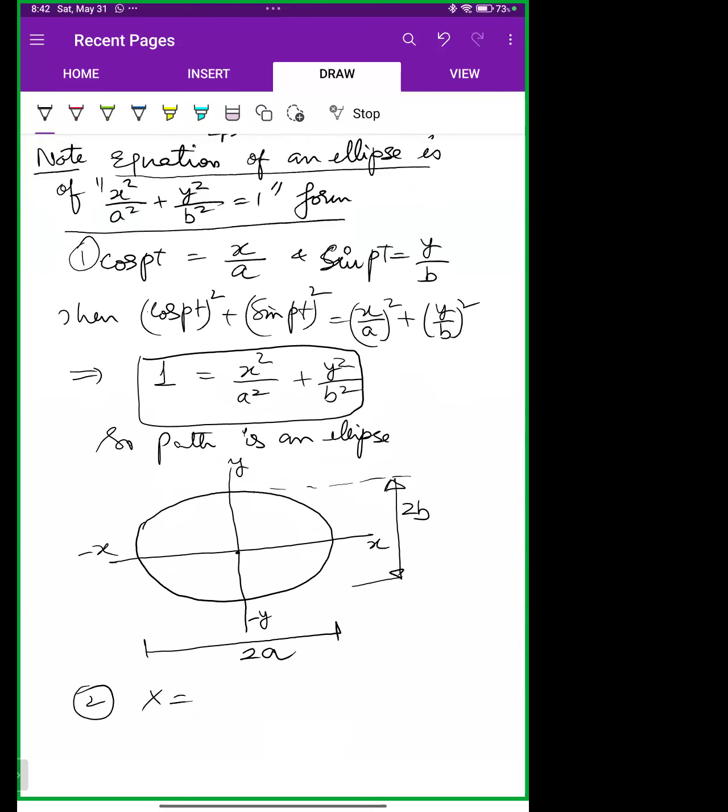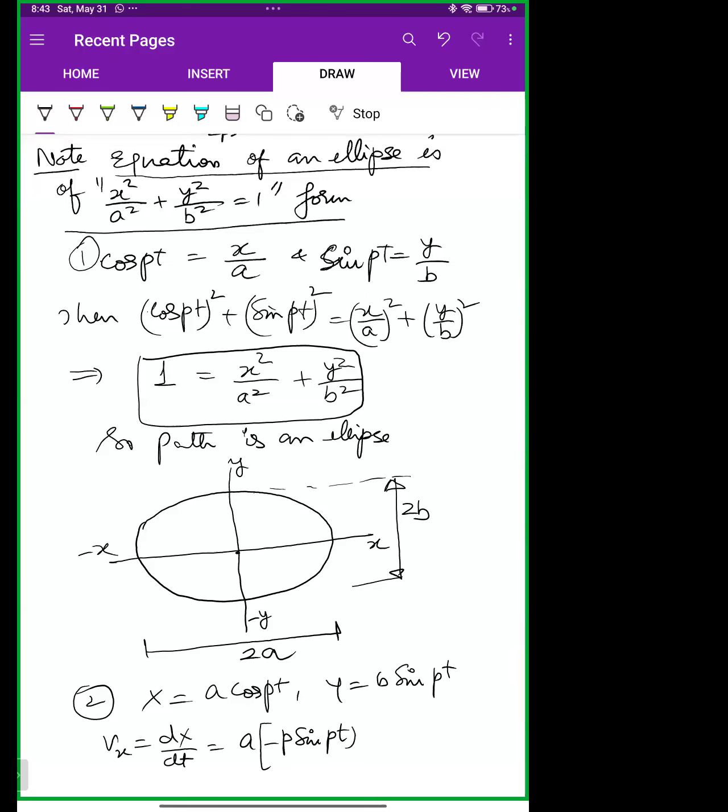X is equal to A cos PT. Y is equal to B sin PT. Then Vx is equal to dx by dt is equal to A. Cos PT differentiation is minus P sin PT.